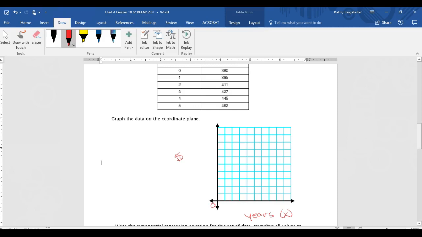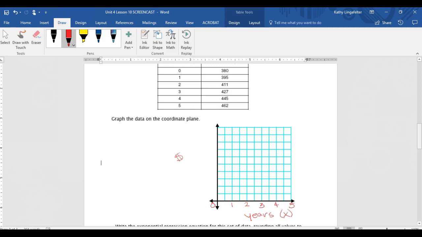And then I do have 10 spaces or 10 tick marks I can fill. So I actually will have enough if I skip and mark every other one. So we're going to do 1, 2, 3, 4, and 5 years.